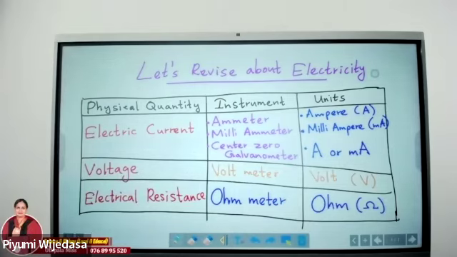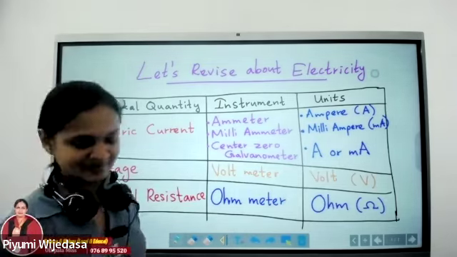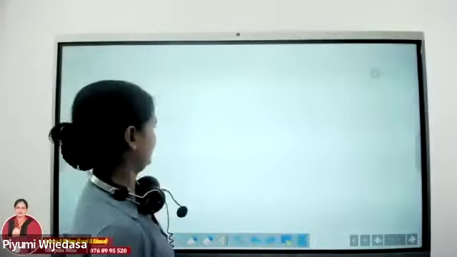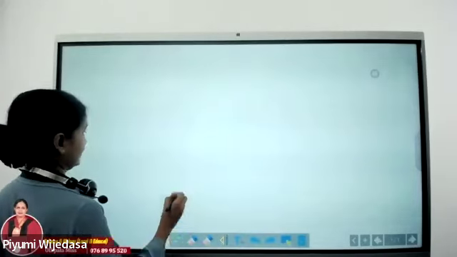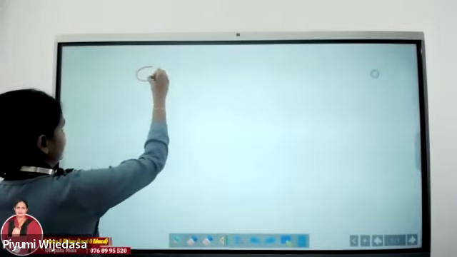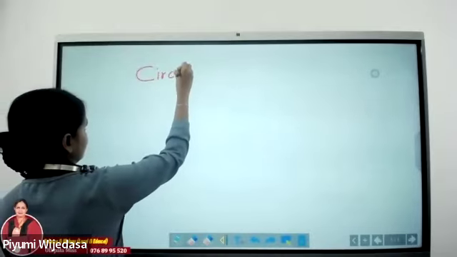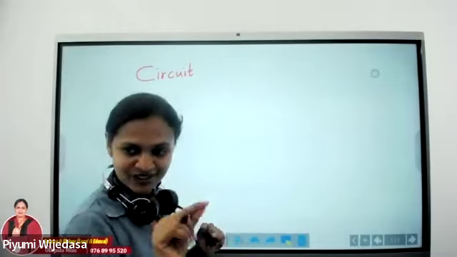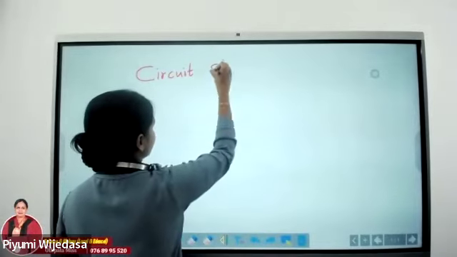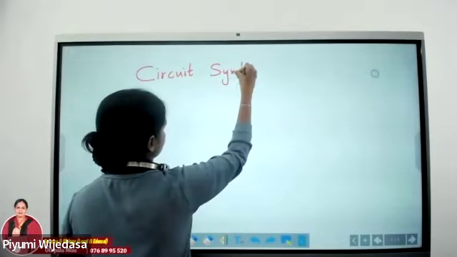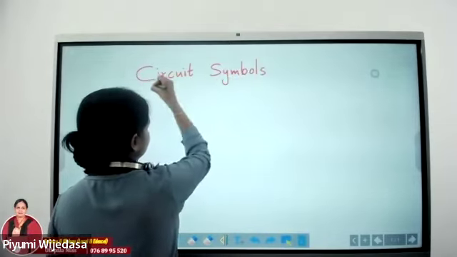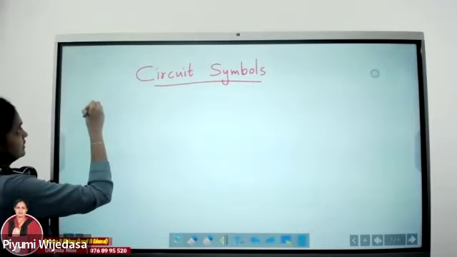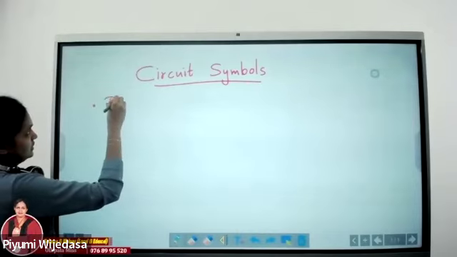I will mention the appliances that you have to draw, so you have to draw the circuit symbol. We'll start with the dry cell.